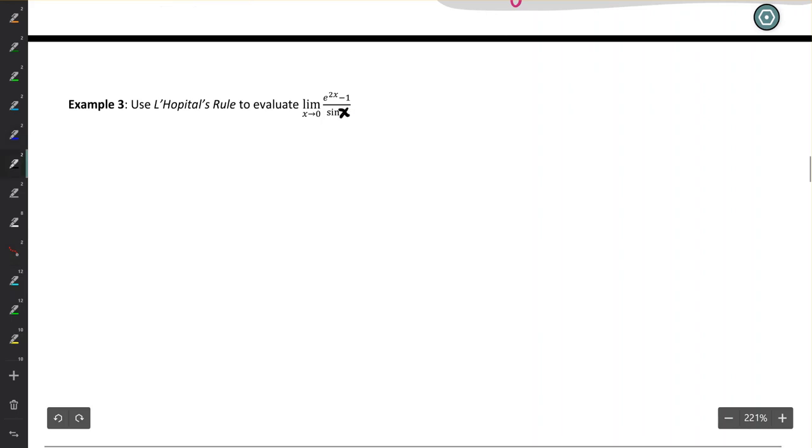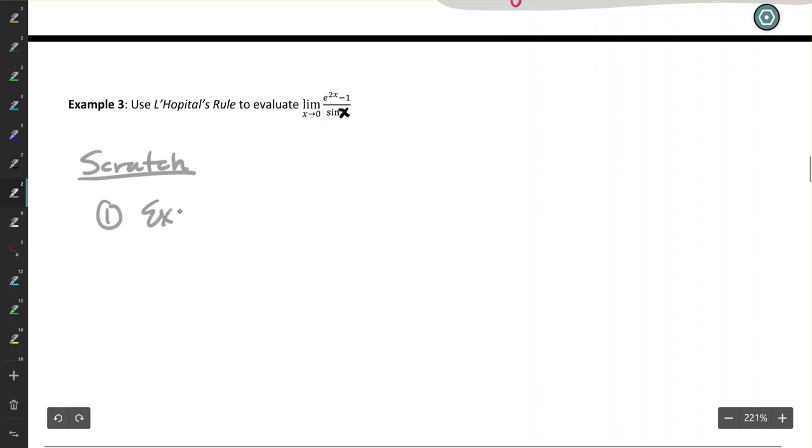Okay, so before we can use L'Hopital's rule, you need to verify that you have all those if statements. So I'm going to do that in a little bit of scratch. All right, 1, we need to have an indeterminate form of 0 over 0 or infinity over infinity, and we did that in example 1a.